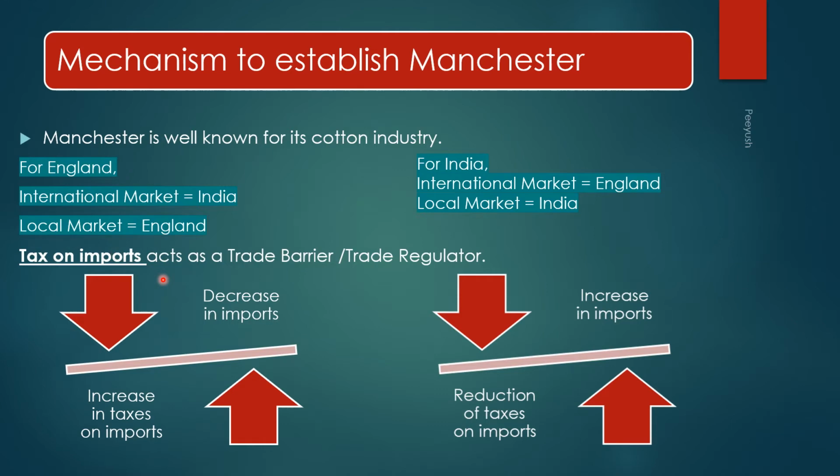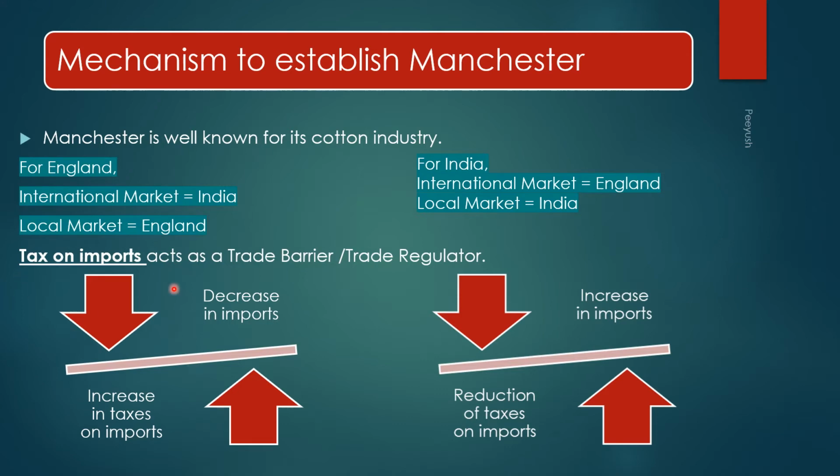Other trade barriers are government restrictions. However, tax on imports plays an extremely important role in controlling trade. If something has to be stopped or regulated, I mean the trade, that could be done with the help of tax on imports.